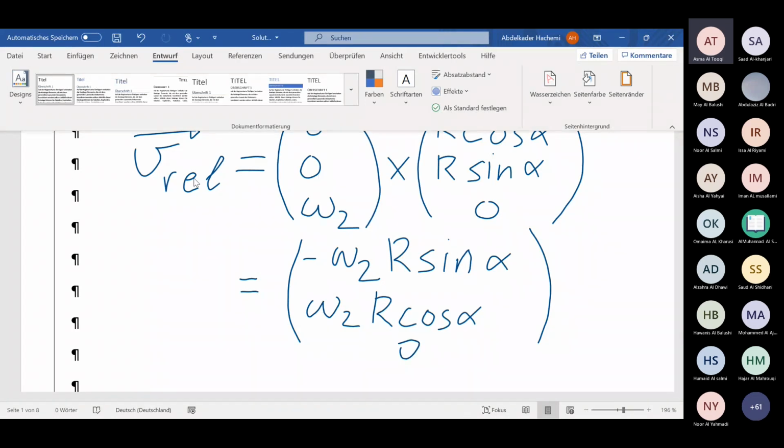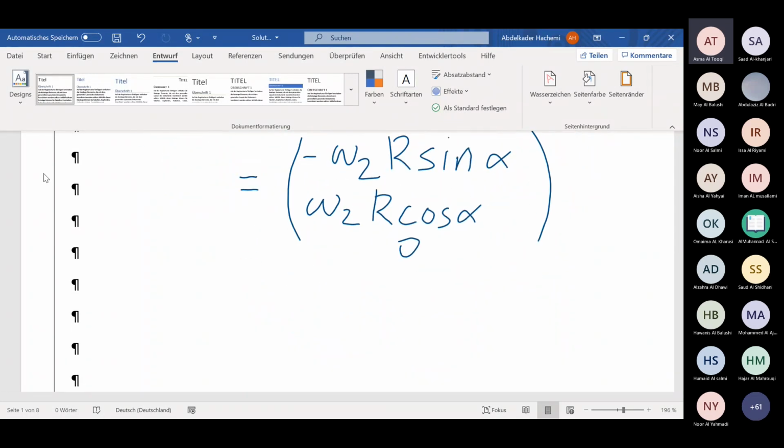Okay, now if we want to determine Vp, the velocity of the point P, I have to make only the summation.